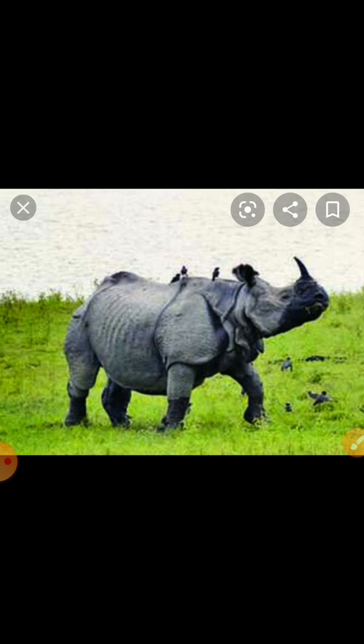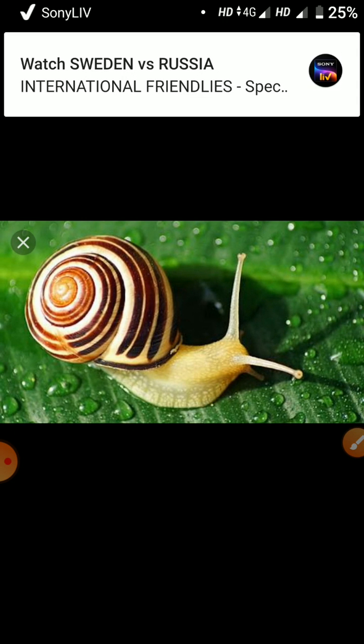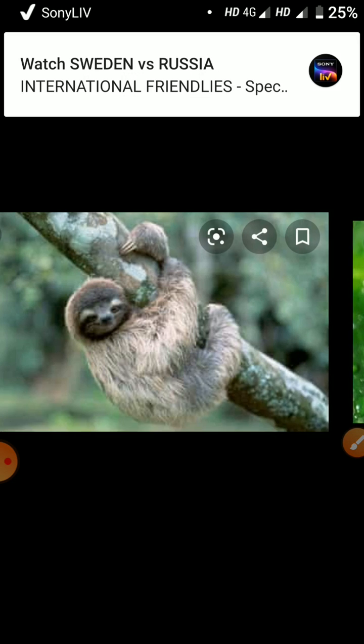Bats, you know what are bats? Chamkadar. Not only this, you can see in the picture, this is a snail. Then we also find sloth. You know what are sloth? You can see in the picture, this is a creature which is called sloth. It lives on trees, but it is very, very slow in its movement. So in English we often use this phrase as slow as sloth.